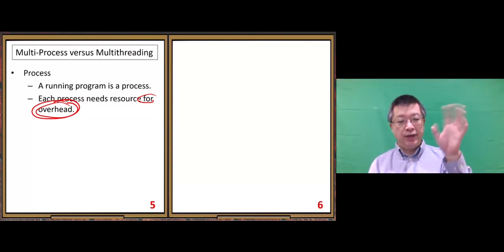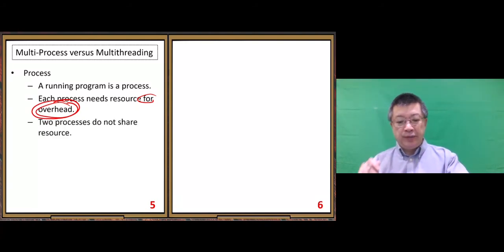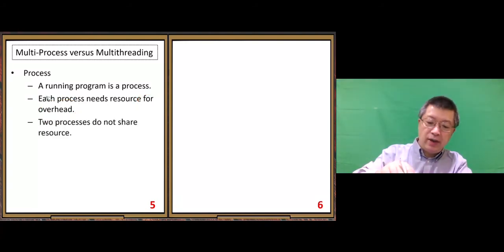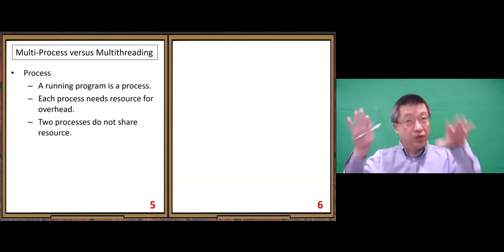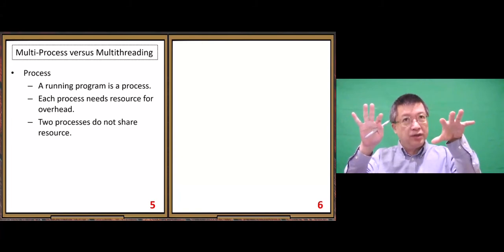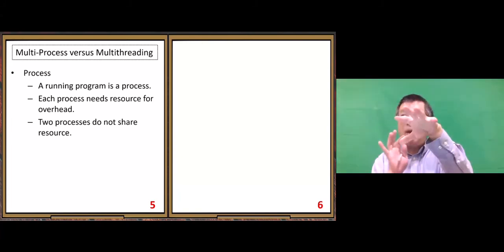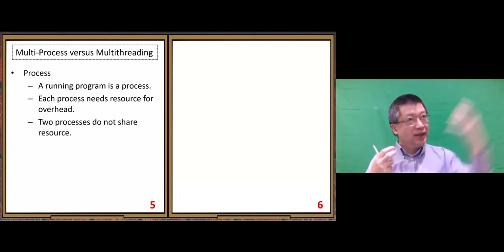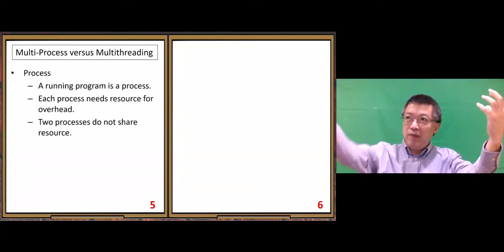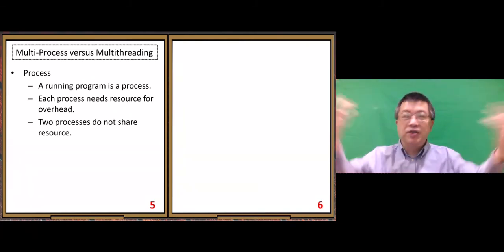Here we see first that two processes do not share resource. Even the same program can generate different processes. Think about Unix: one same program, you can create multiple different processes.